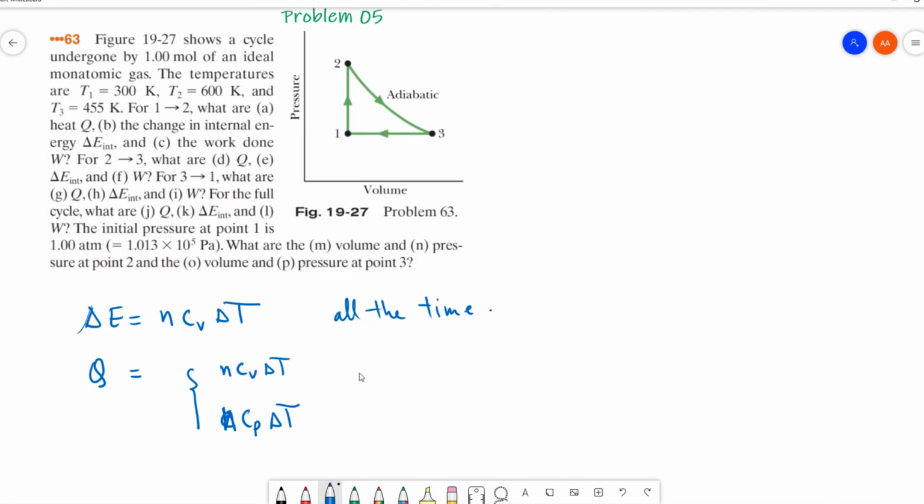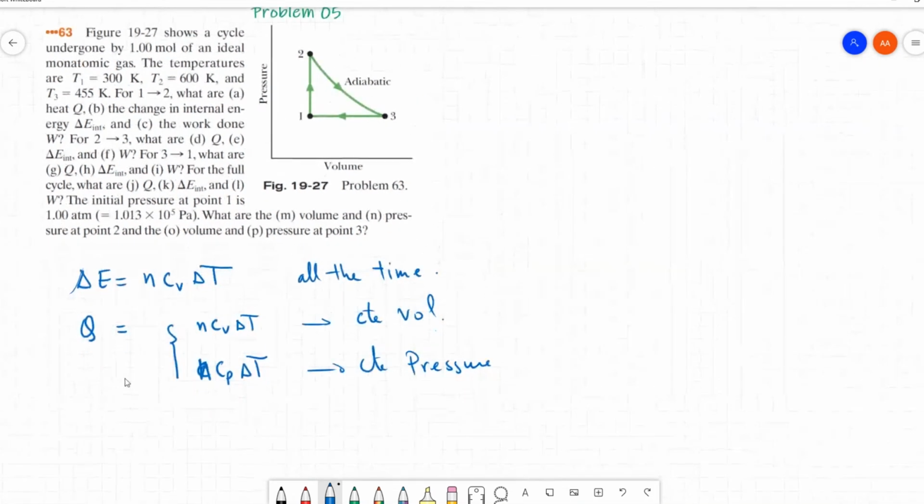With constant volume, and here constant pressure. So delta E always uses CV. This one, which looks exactly the same, you can use only for constant volume. If you have constant pressure, you need to use the second one, N CP delta T. Okay? And for the work, W.